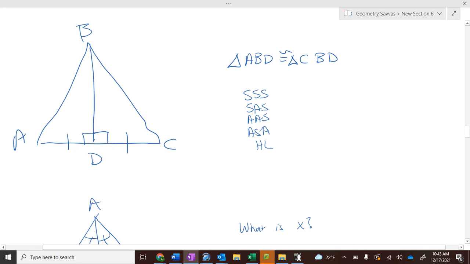If this was marked, what would it be? Then it would be side angle side if the bottom was marked. Okay? Then, just a second. If this was congruent to this, then what would it be? Angle side angle.